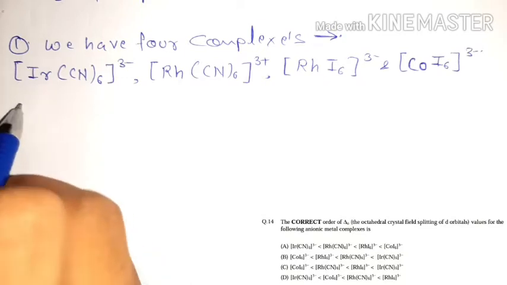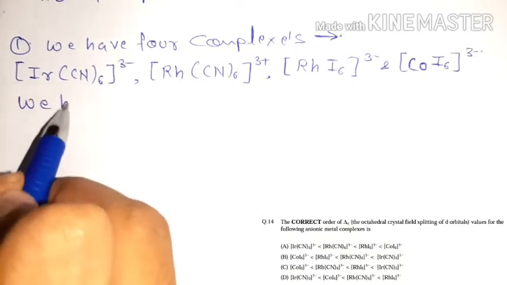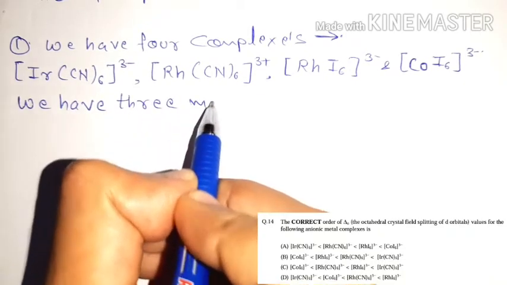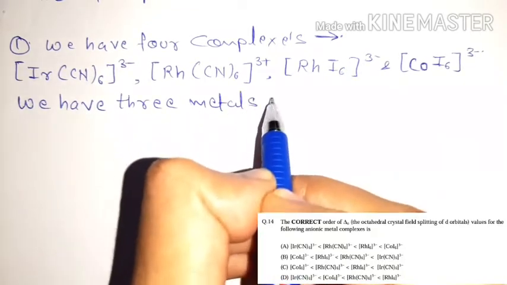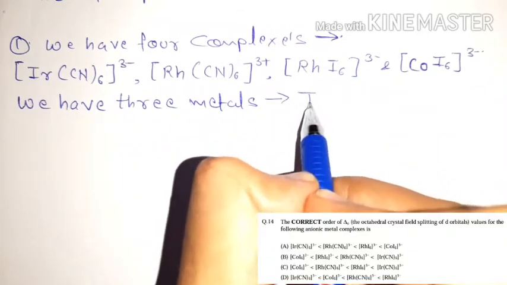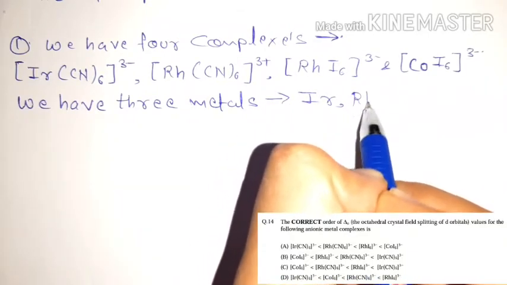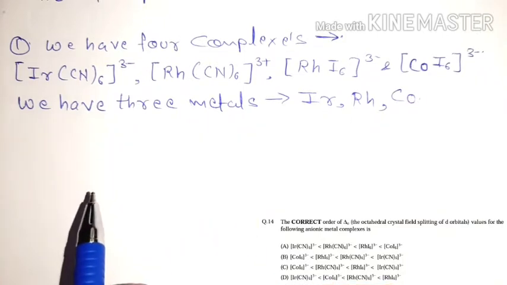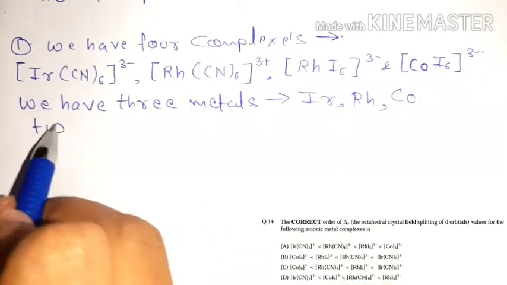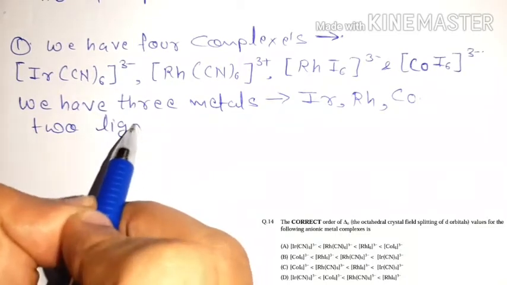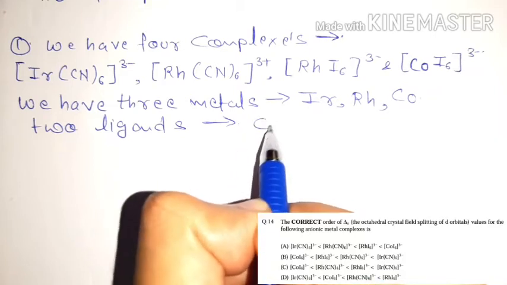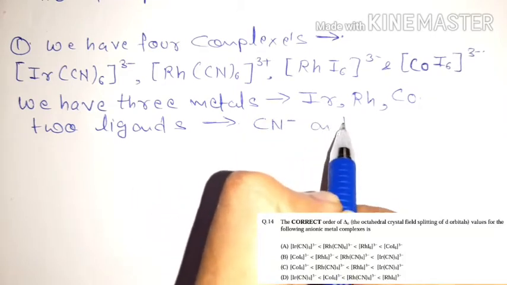So first we have three metals, that is iridium, rhodium and cobalt. And we have two ligands, that is CN minus and I minus.